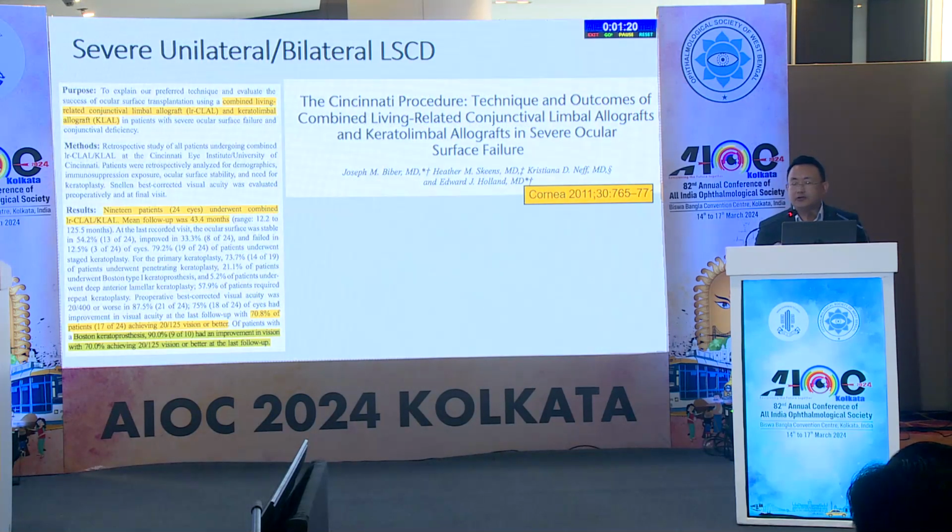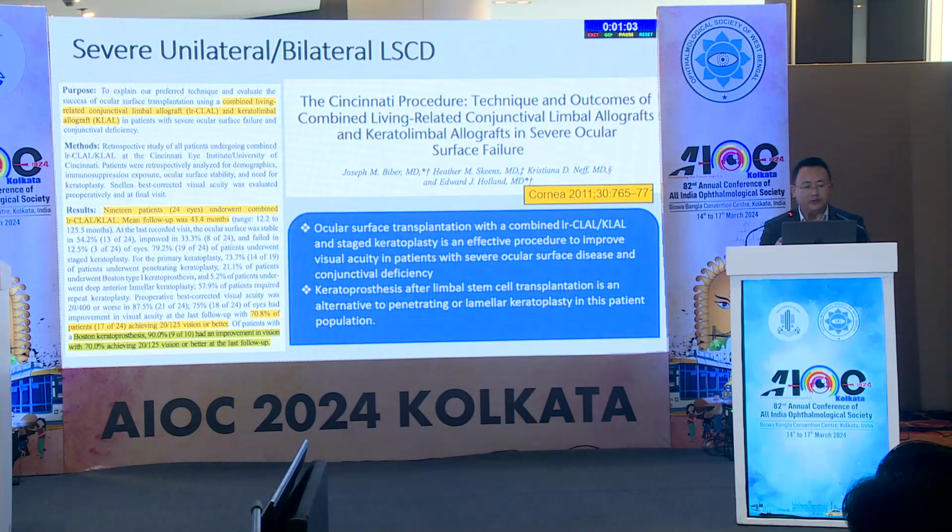Next is severe unilateral or bilateral limbal stem cell deficiency. Here is a new procedure, the Cincinnati procedure, which uses living-related conjunctival limbal allograft along with keratolimbal allograft, and around 70% have shown vision improvement.